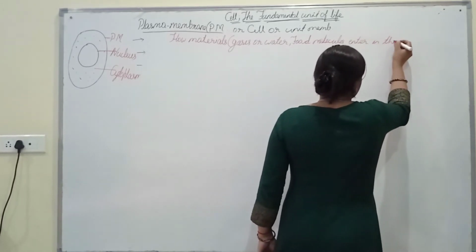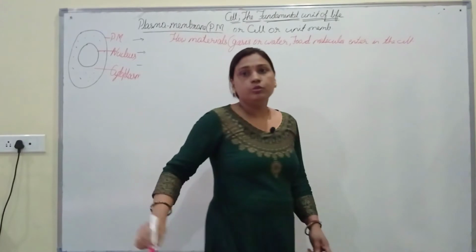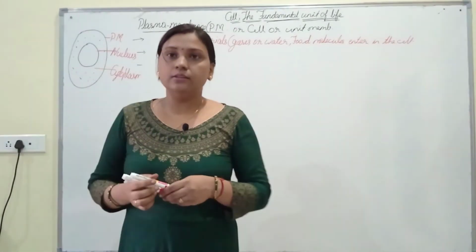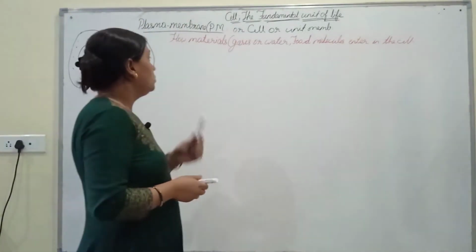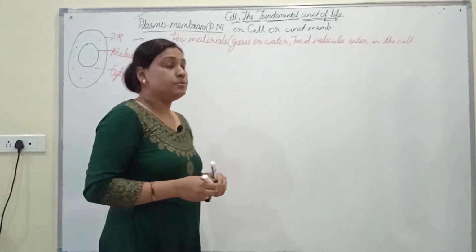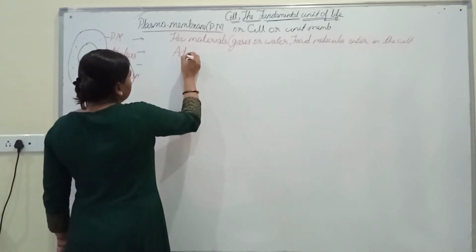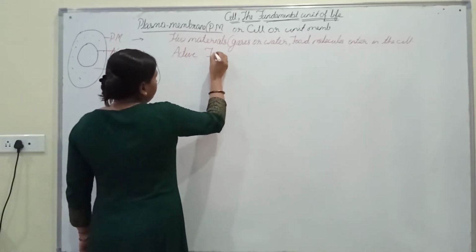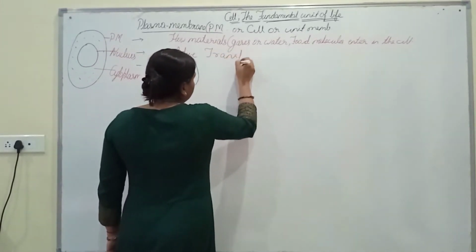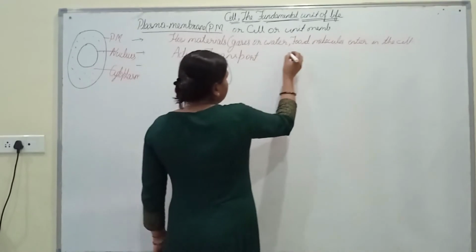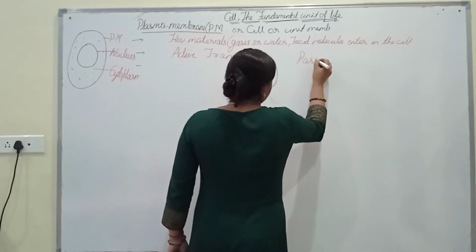How the materials enter inside the plasma membrane? So, this is of two types. One is active transport, and the other is passive transport.